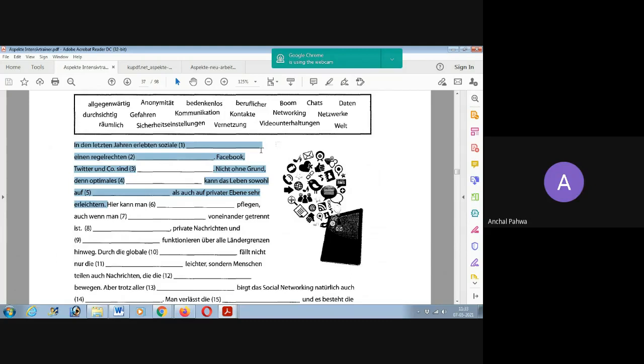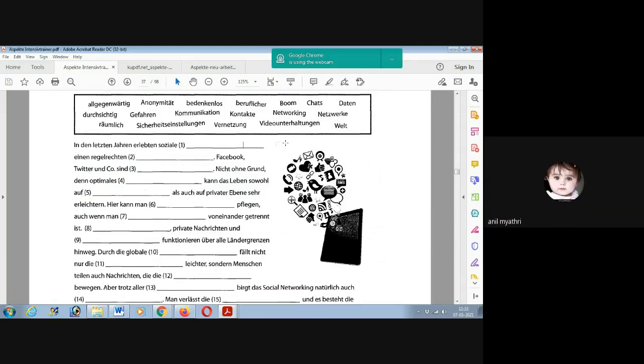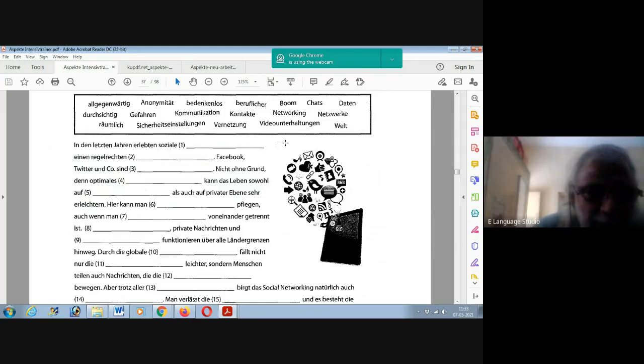Communication is singular. This is plural I need here. I can understand why you took Kontakte, although the verb is in plural. Netzwerke. Well done. So in den letzten Jahren erlebten soziale Netzwerke einen regelrechten.